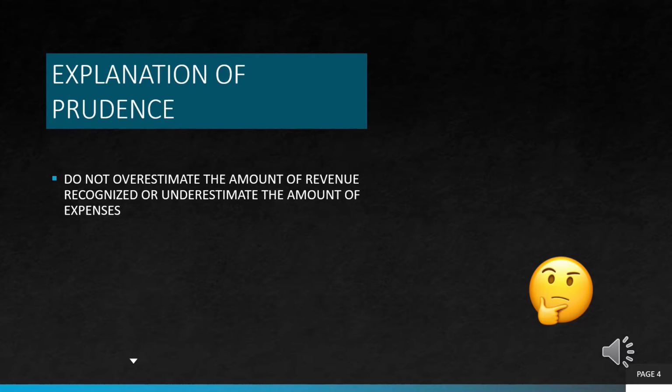Under the prudence concept, do not overestimate the amount of revenues recognized or underestimate the amount of expenses. Also, one should be conservative in recording the amount of assets and not underestimate liabilities. The result should be conservatively stated financial statements.